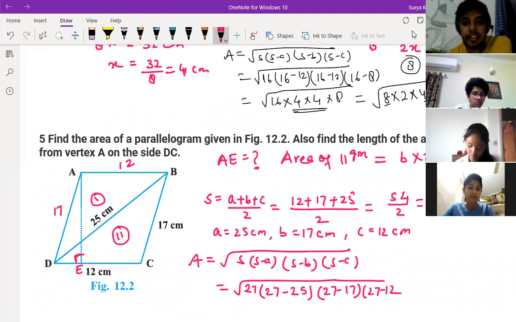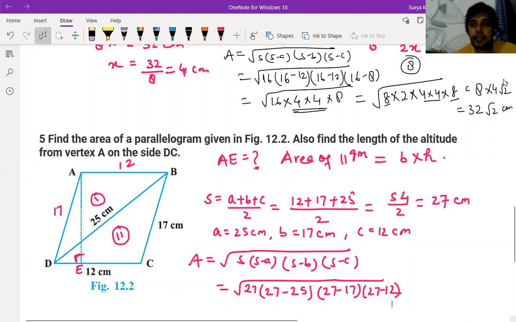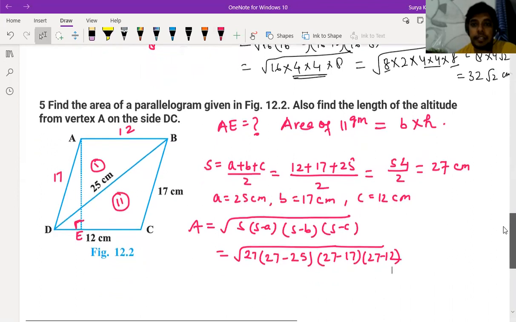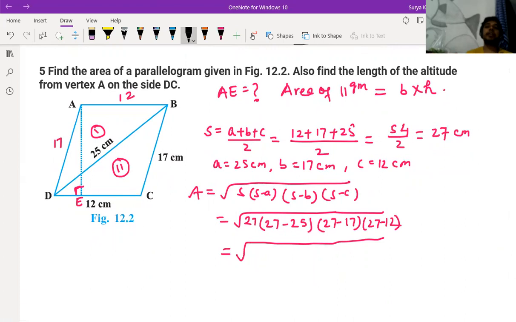All of you fine, children? After getting this, you have to multiply by 2, because the same triangle is repeating, so we make it double. Tell the answer, children, tell the answer fast.